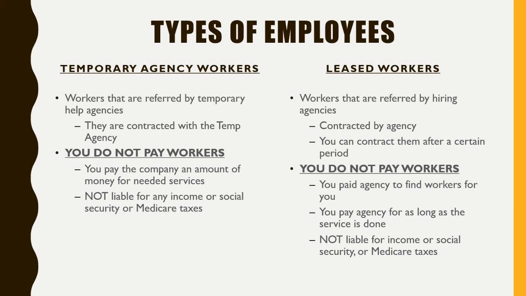It's a temporary job for them to complete. Now, usually these are also independent contractors as well, but what we do here for temporary work is they're only contracted for X amount of time. So again, they're not there as a permanent position. They're only there to get the job done, whether it's a 6-month job, a year-long job, or a 2-year job. It doesn't matter. There's a time frame on it. And that's what a temporary work does.